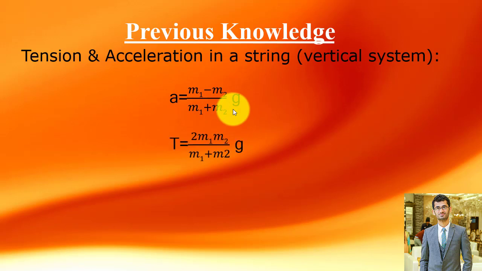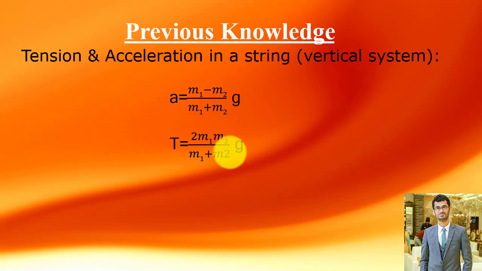If we want to calculate the tension in the string, then we can use the formula T = 2 M1 M2 / (M1 + M2) × g.